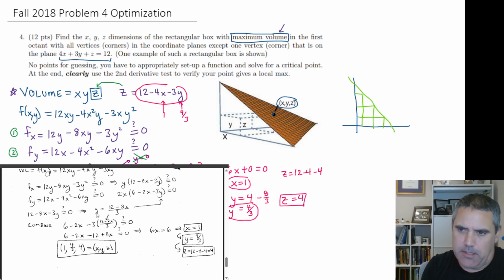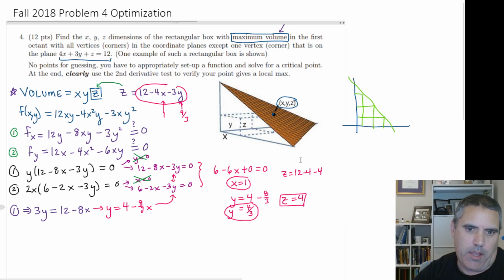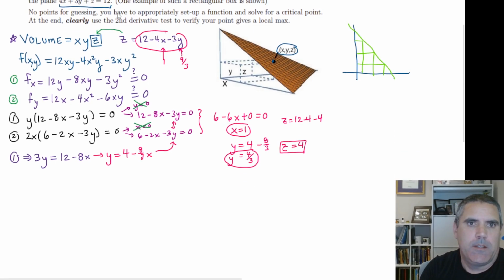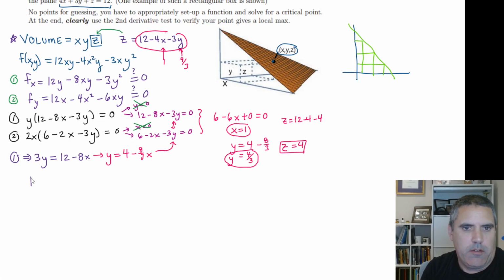Now, on this exam, I did ask for the second derivative test. So let's do that for the practice. So the second derivative test, let's try it out. Partial with respect to x twice is going to be negative 8y.